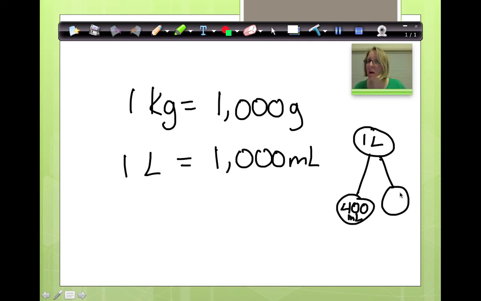How much is my other part? Well, 400 plus what is going to make 1,000? That's right, 600, and we're going to label it as milliliters. That's a good review.